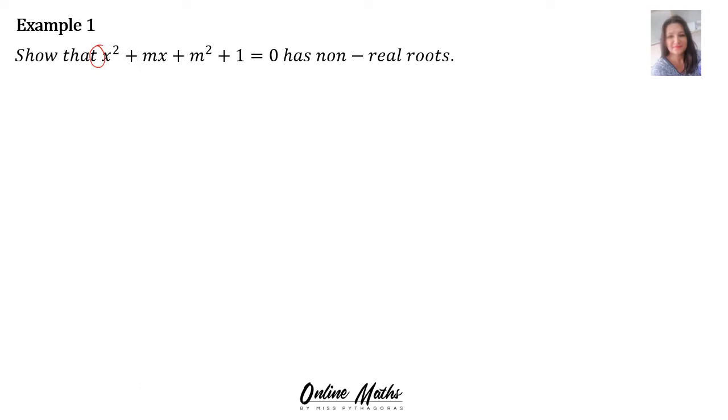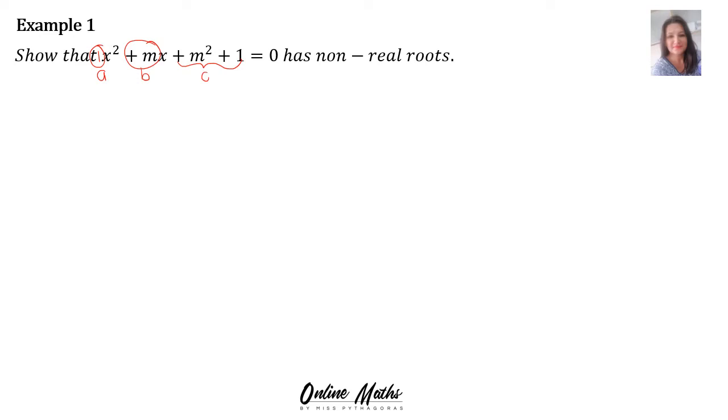If there's nothing, there's an invisible 1. So a's value is 1, b's value is the coefficient of x, in this case plus m, and then c's value is everything without an x, we say the constant term. Therefore, in this example, c's value is m squared plus 1.